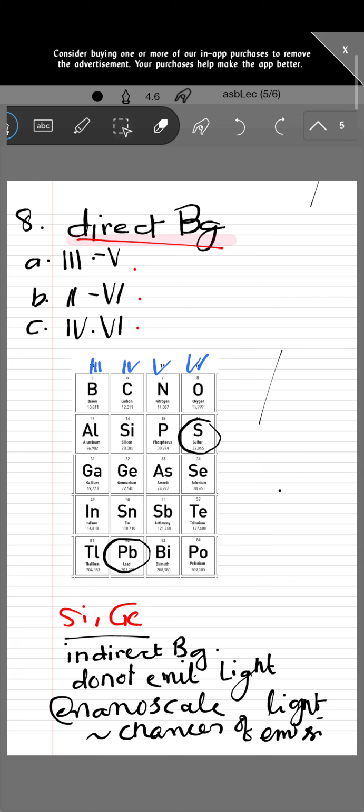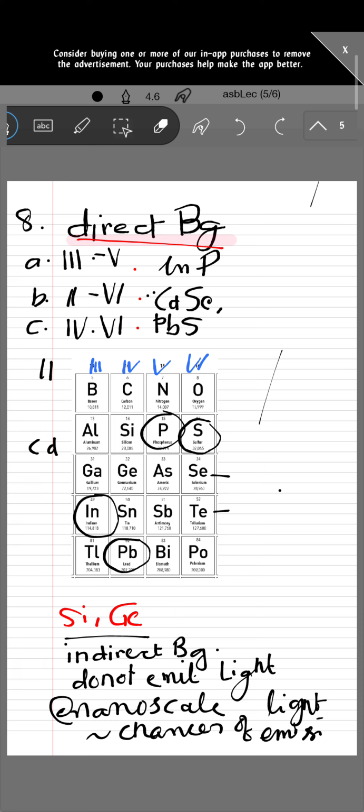This is a 4-6 material, PbS. Then indium phosphide is a 3-5 material. And we do have 2-6 materials, which are in fact cadmium selenide and cadmium telluride. In group 2 we have cadmium, so that gives CdSe and CdTe.